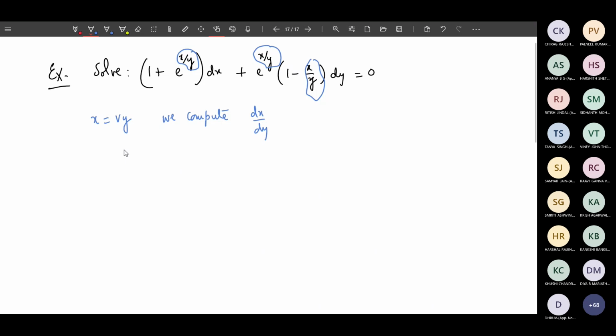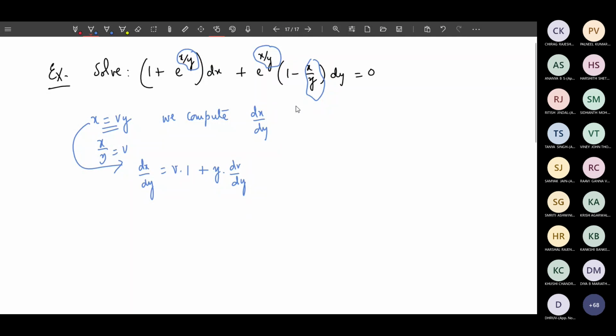So the moment you have x equal to vy, v is x by y, right? So dx by dy, taking x with respect to y, use the product rule: v plus, of course, v into 1 because y with respect to y is 1, plus y into dv by dy.